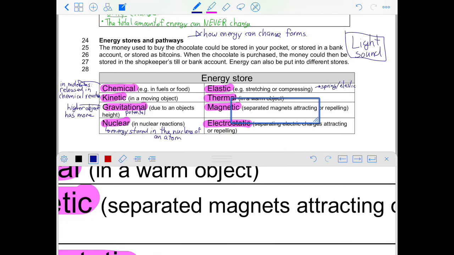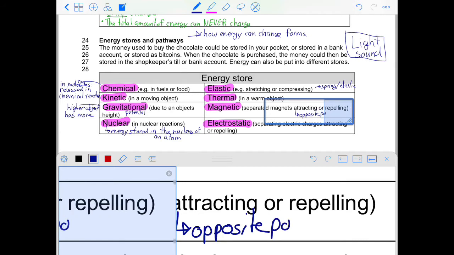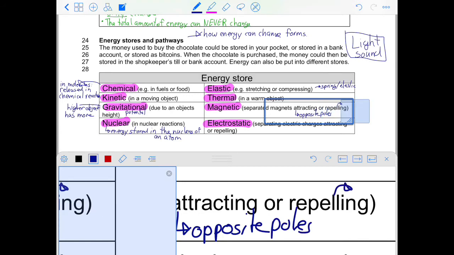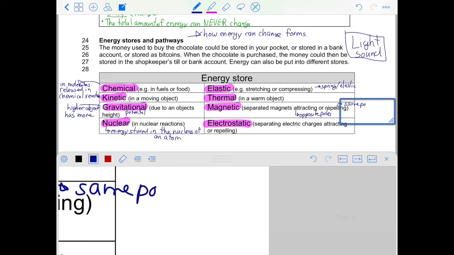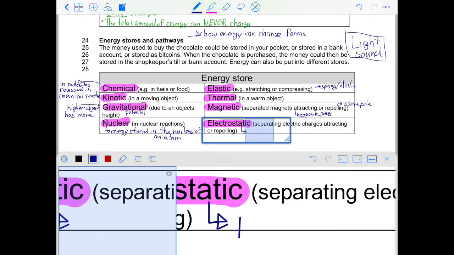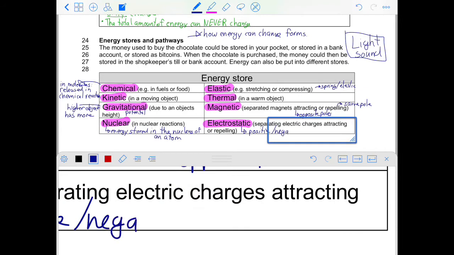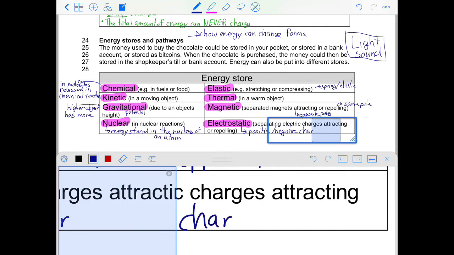Magnetic energy is magnets that are repelling or attracting, because remember, they attract with the opposite poles and they repel when they're the same pole. And electrostatic, as I said before, is the positive and negative charges. Protons and electrons is often what we talk about there.